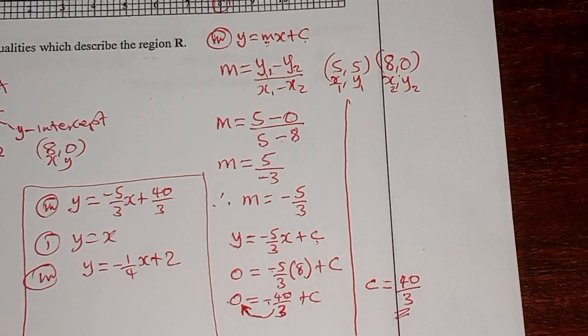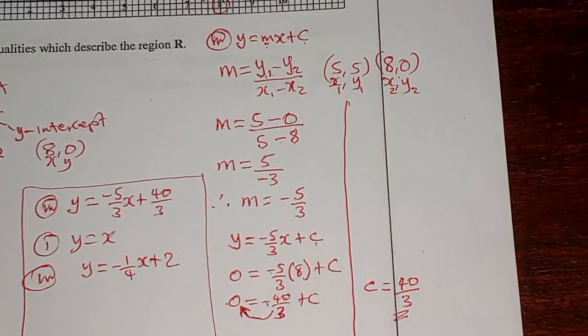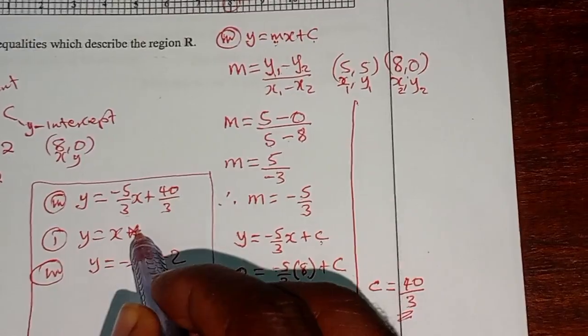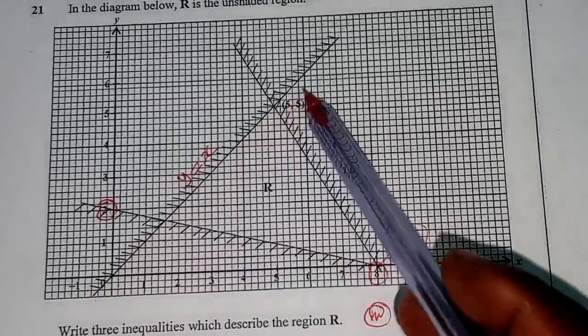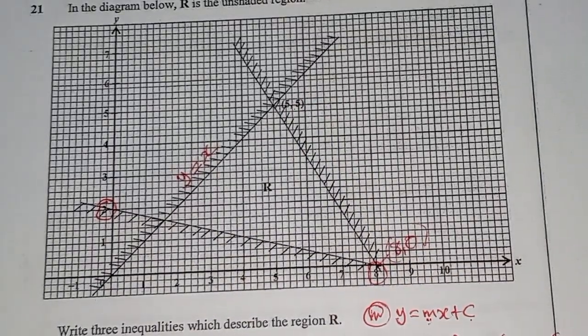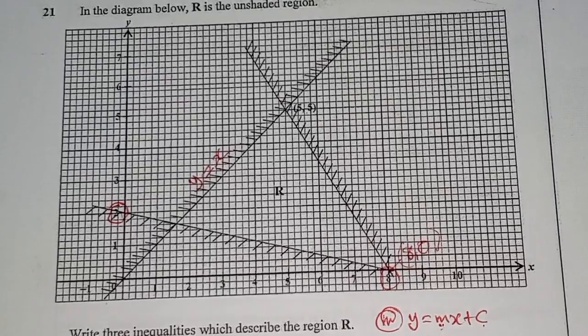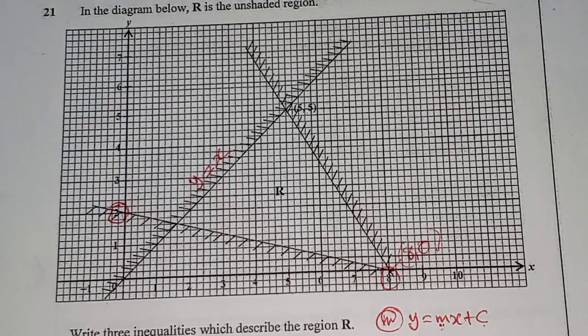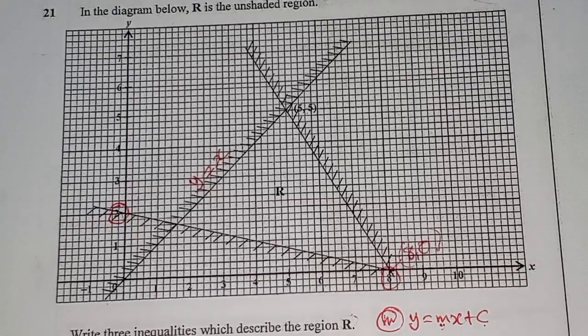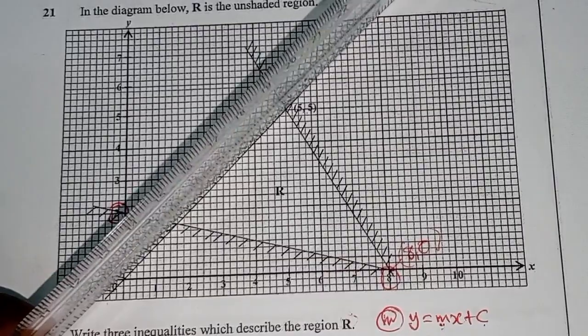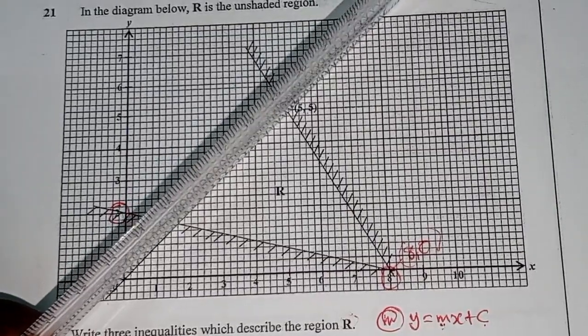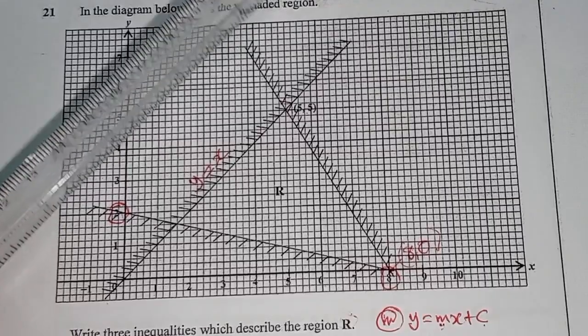The next thing that we are going to do is convert equations to inequalities. So let's start with the first one. The first one is that line. Write 3 inequalities which describe region R. So what is region R? Let's start with this line.